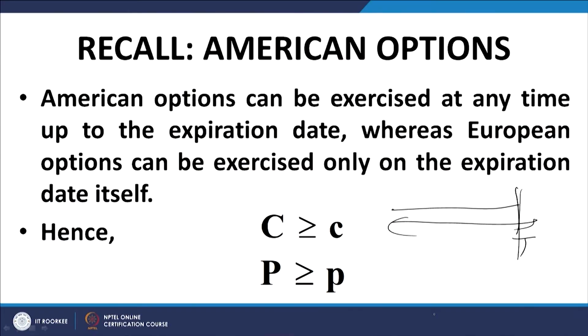The price of the American call, which is represented by capital C, may be equal to or greater than the price of the corresponding European option, and similarly the price of the American put option can be greater than or equal to the European put option.